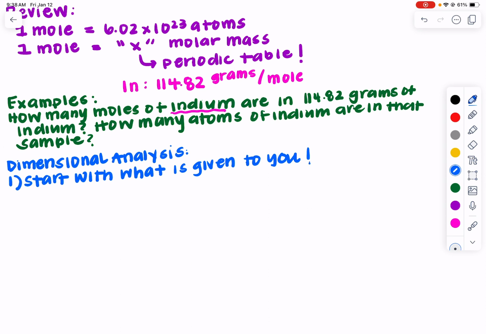You can't go wrong by starting with what's given to you. And then number 2, use conversion factors to cancel what you don't need.